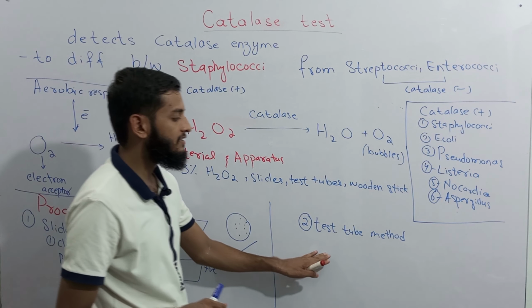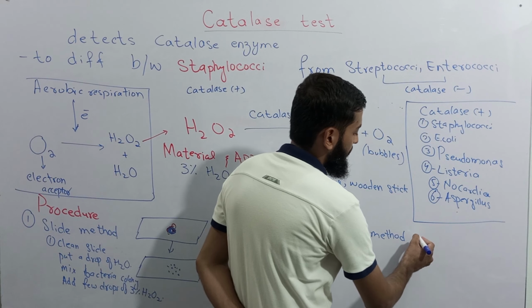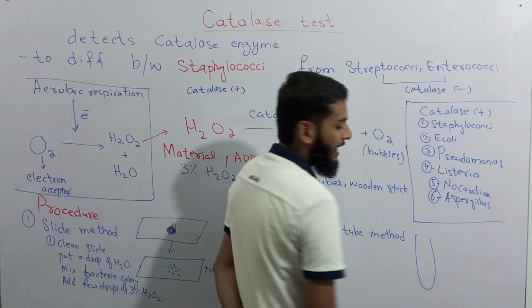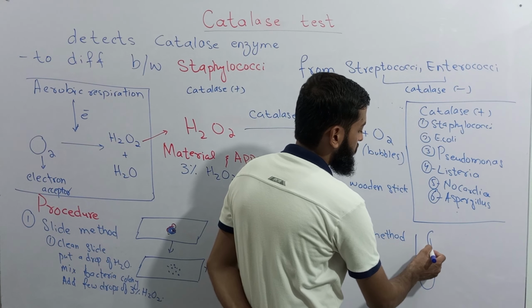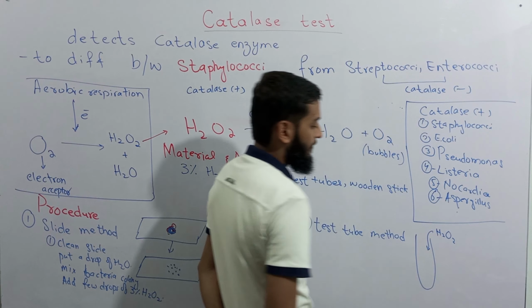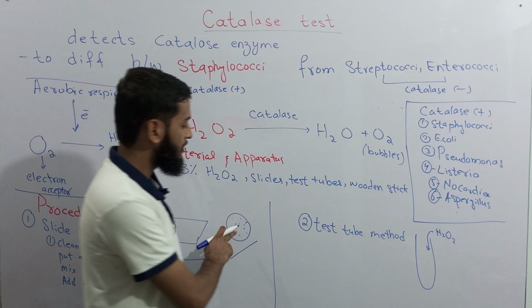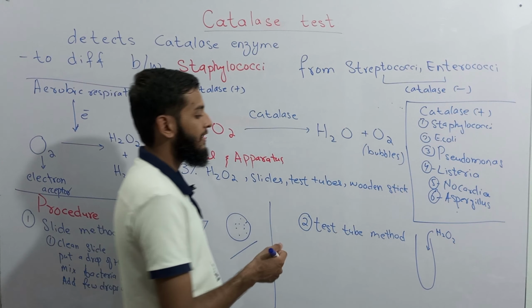The second method is test tube method. In this method, we will take a test tube and add a few drops of hydrogen peroxide in the test tube. Then we will pick a bacterial colony from the agar with the help of a wooden stick, right?